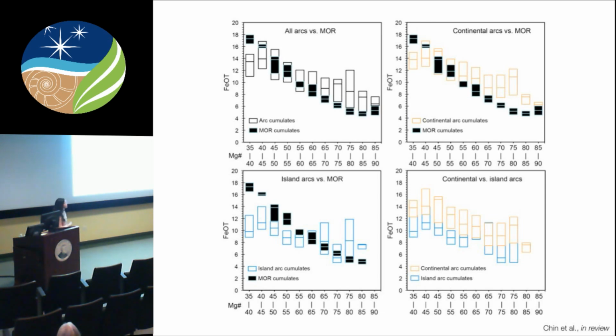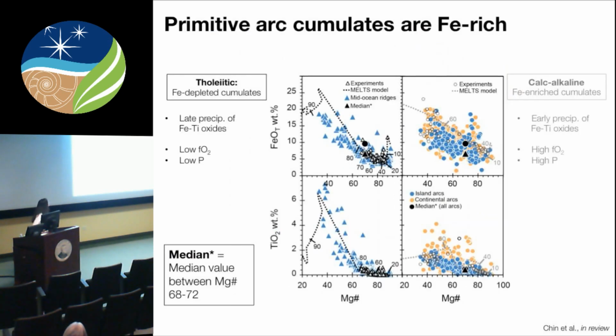We also see the same feature in island arcs, and when we compare continental to island arcs, continental arcs tend to be a little more iron enriched than the island arc components. So the key message here is that these primitive arc cumulates are iron rich, and why is that?